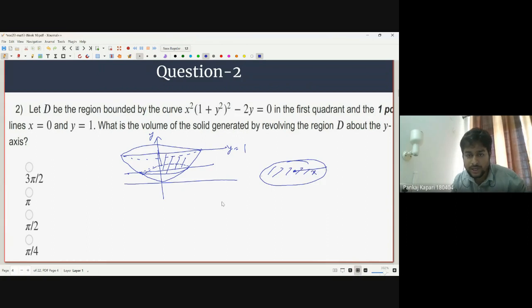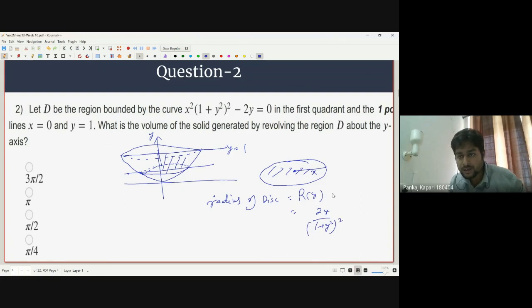Okay, so what was the radius? The radius of this disk, let's call it r, as a function of y, was the square root of 2y divided by 1 plus y square, whole square.